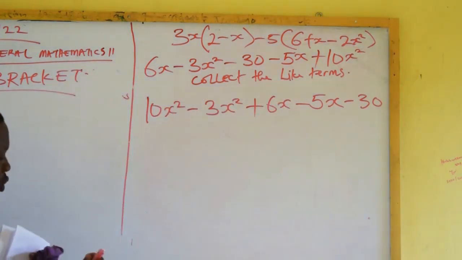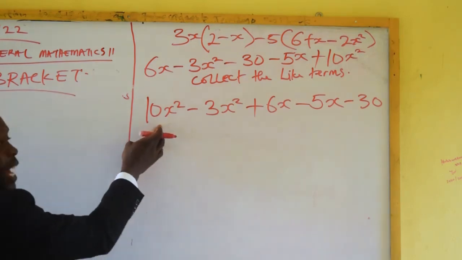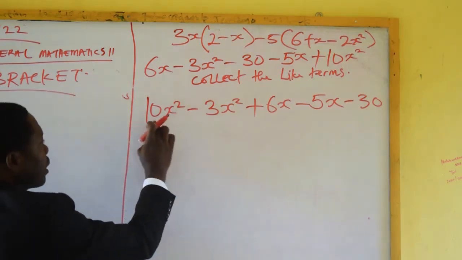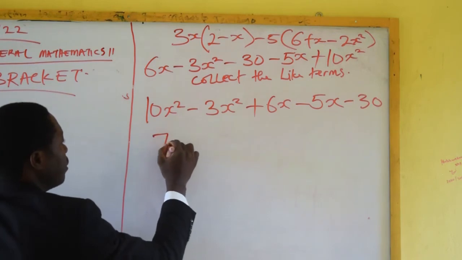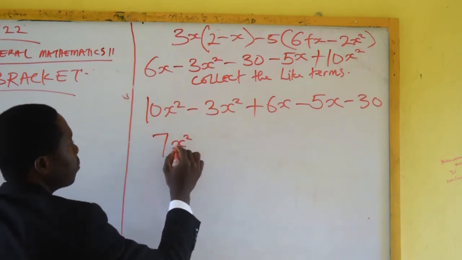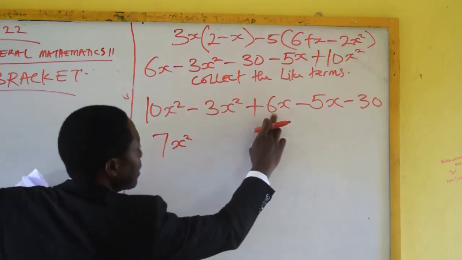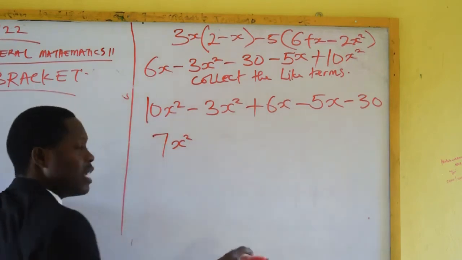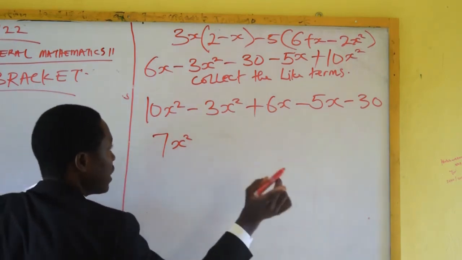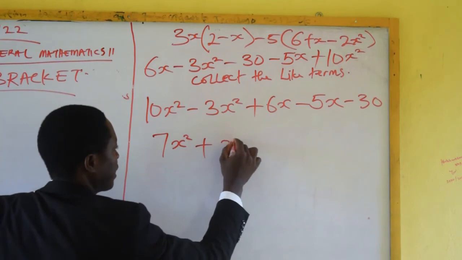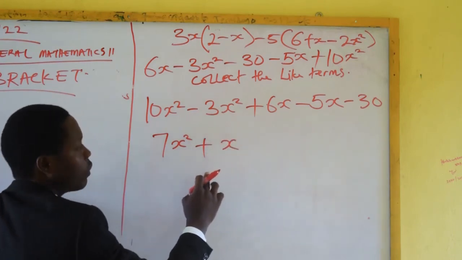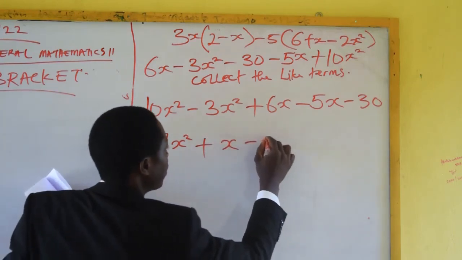Then the next thing is to solve further from this junction. 10x squared minus 3x squared. 10 minus 3, that's 7. Then your x squared remains the same. Is that okay? 6 minus 5, 1. So that will be positive x. You need not put the 1. Is that okay? Then minus 30.